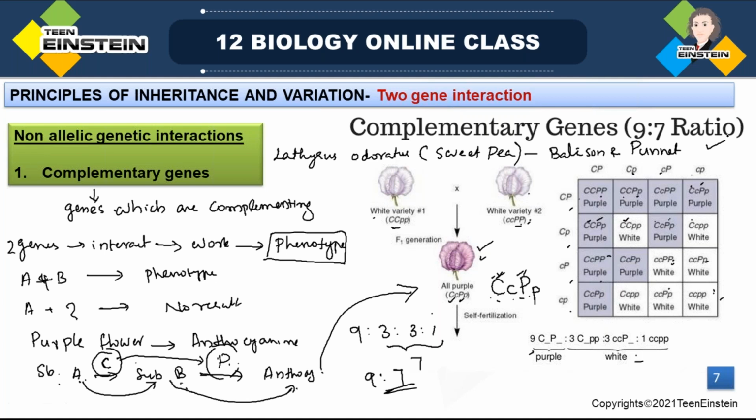Both genes are complementing together and forming a particular phenotype, or a particular expression. In the absence of one gene, it will not give the complementary gene effect, because there should be another gene to complement this result. So that is a complementary action. And what is the result? The Mendelian ratio is getting modified and it is forming a 9:7 ratio. Got it?